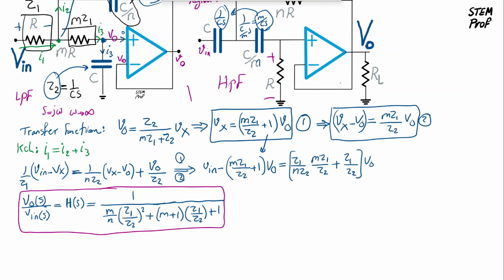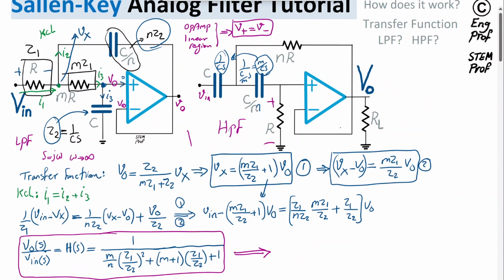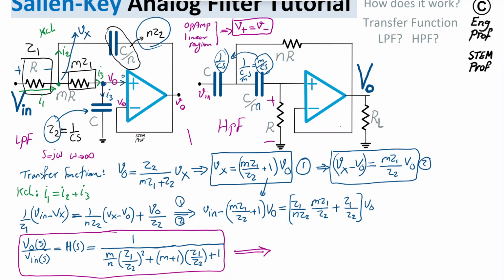Reason for that is, if Z1 over Z2, so let's put it this way, just recall that Z1 is this guy, whatever we put there. So if we put cap, it's like cap there. So Z1 is this, capacitor or is this resistor? Doesn't matter, it's the first one.